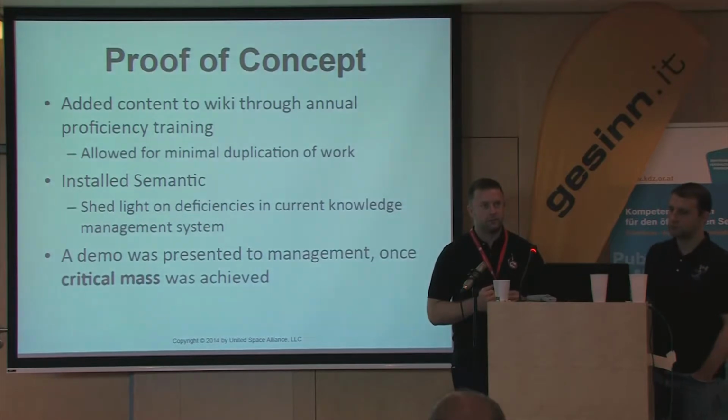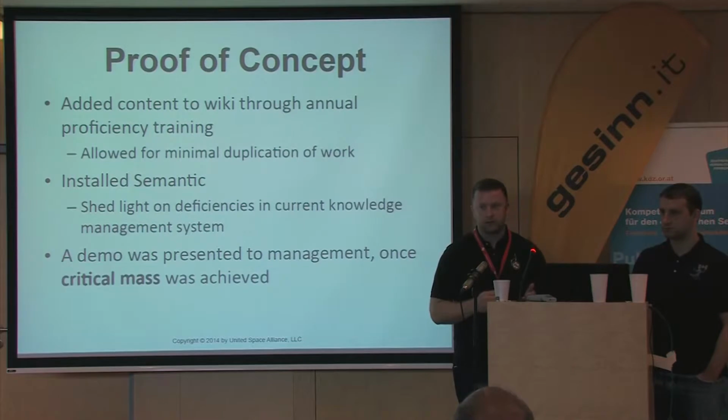And the way that we got our group of roughly 50 people to adopt this method was by building a product kind of behind the scenes, just slowly building up our wiki with the same information. Every couple of years, we have to do proficiency training to make sure that we don't forget all the important information.